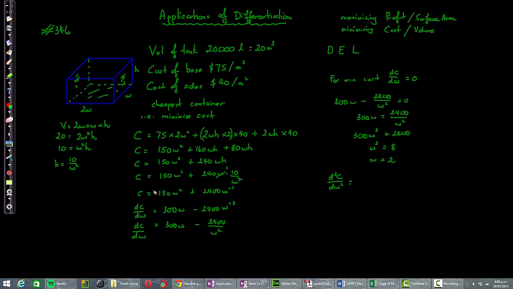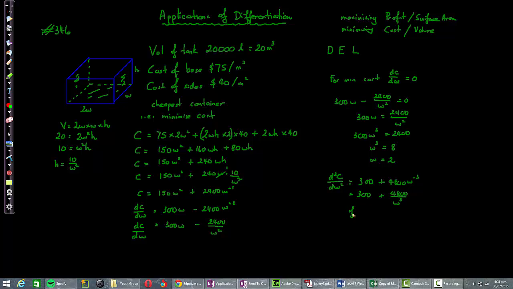Right, so let's take this and here we go, derive again. So 300 plus 4,800 w to the power of -3, and if you just put that maybe in this form, it might make it clearer that you're going to have a positive term here and another positive term here.